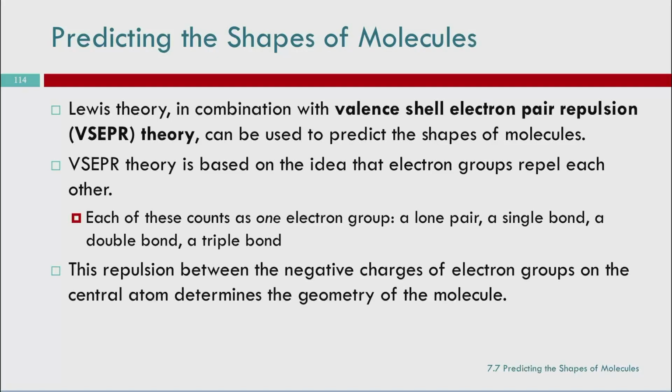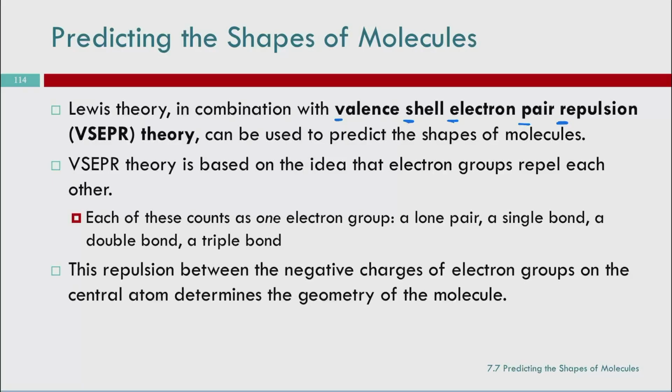So those bonds can waggle around in all three dimensions until they find the most stable position. And the theory that we're going to use to figure out what positions they're in is valence shell electron pair repulsion theory, VSEPR theory.